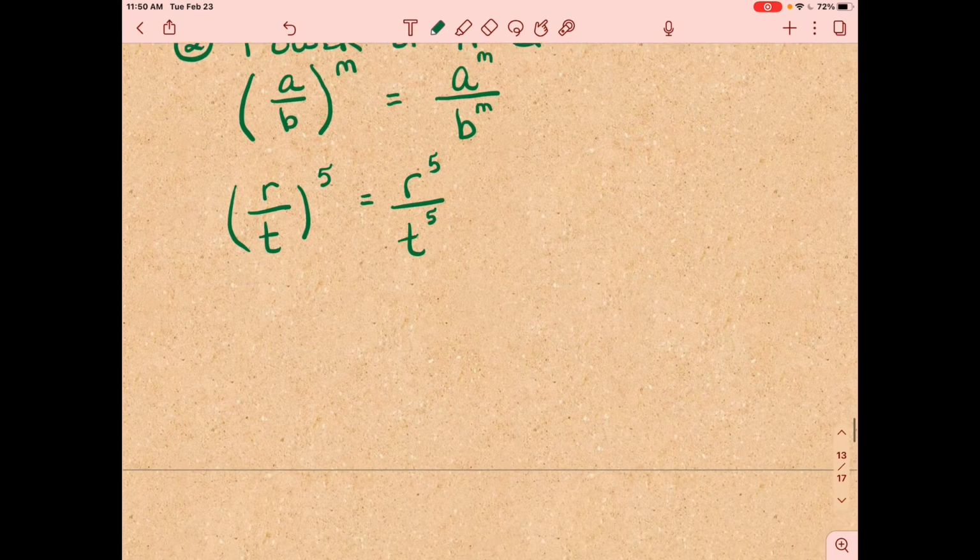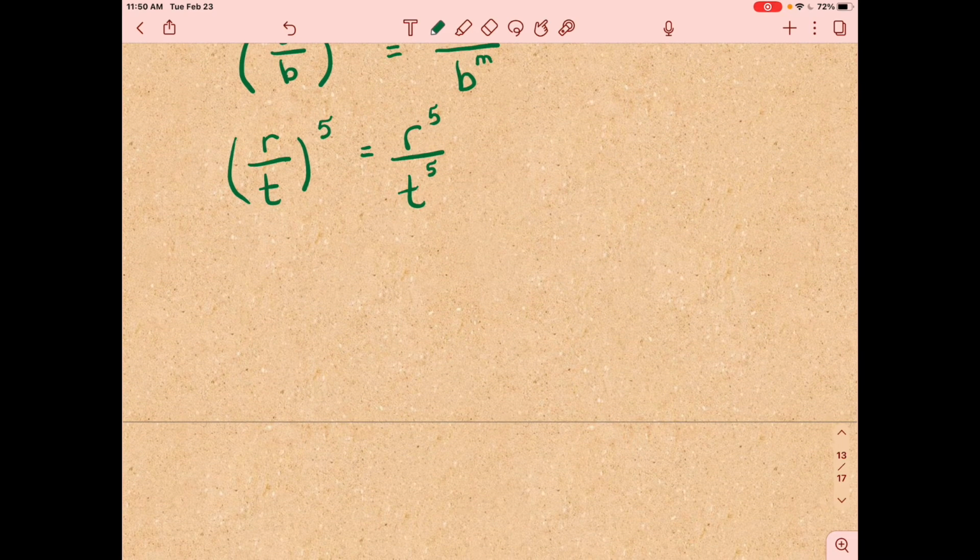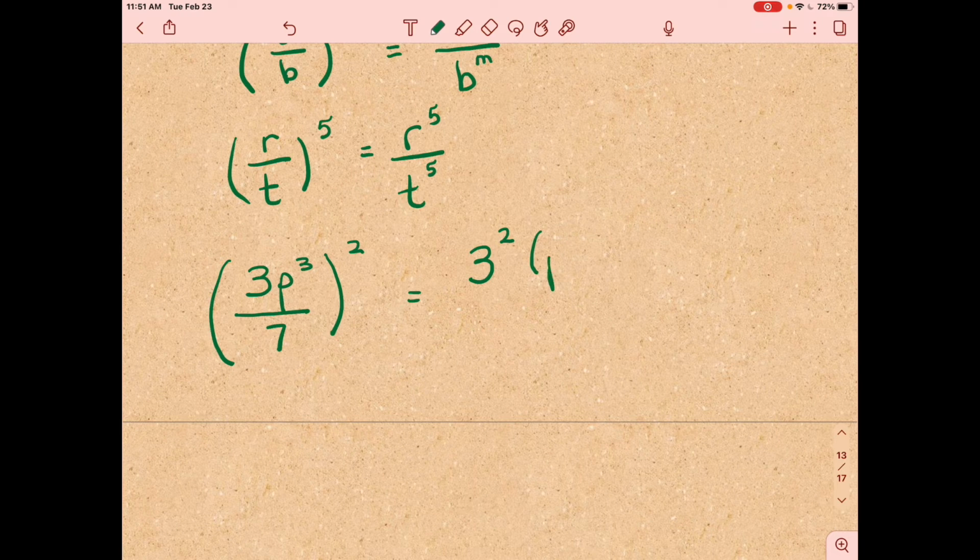Here's an example of something we might need to simplify using this. 3p to the 3rd over 7, all in parentheses, squared. And so that little 2 has to go with each piece of this. So we're going to say 3 squared, and then we have p to the 3rd squared, and then on the bottom we have 7 squared. 3 squared is 3 times 3 is 9.